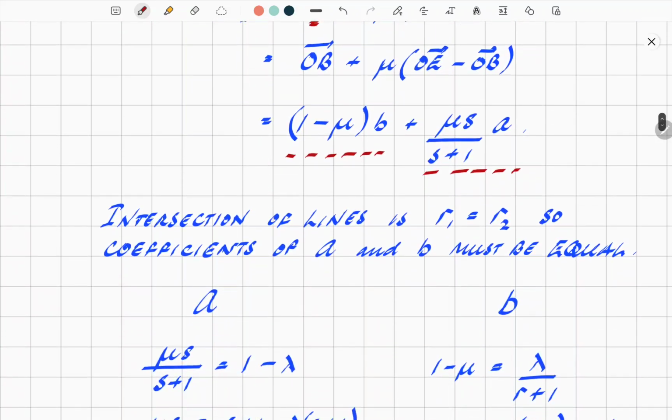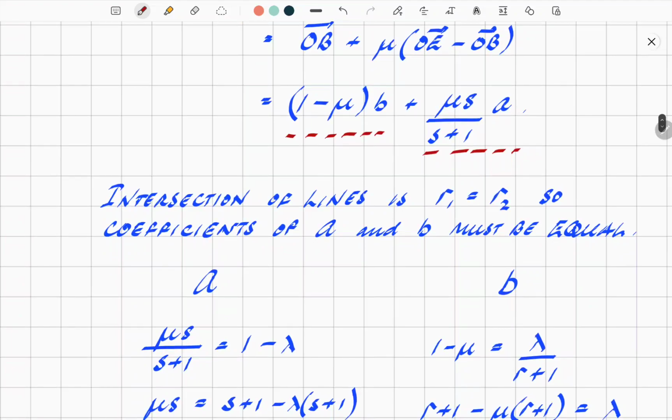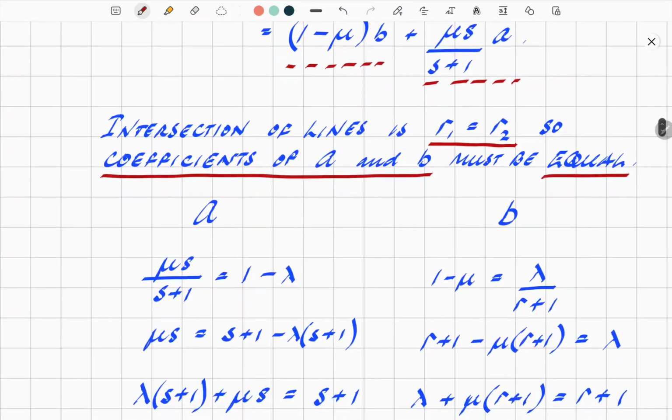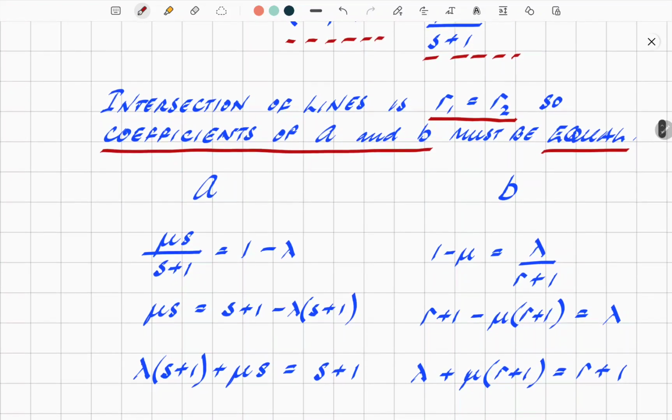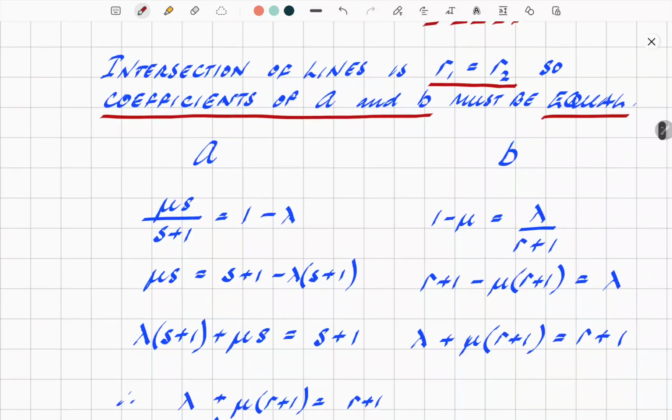All right. Okay, so the intersection of lines is when R1 equals R2, all right? So the coefficients of A and B must be equal. And that's just a basic concept. When two lines intersect, their position vectors must be equal.